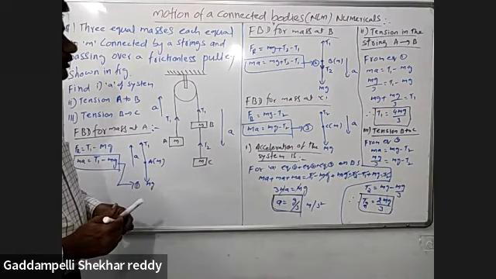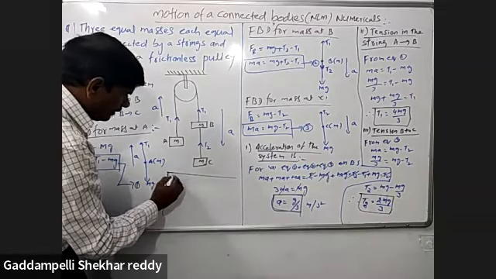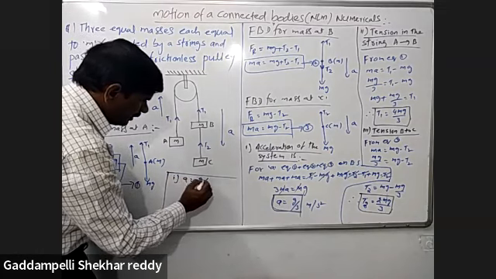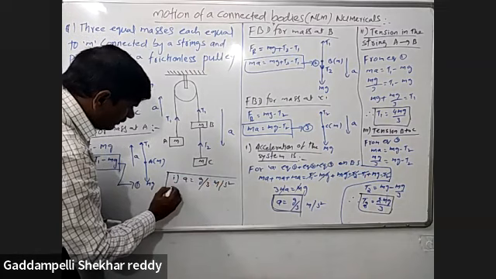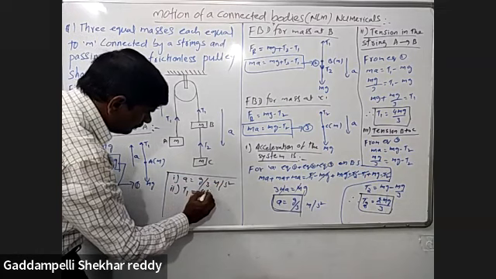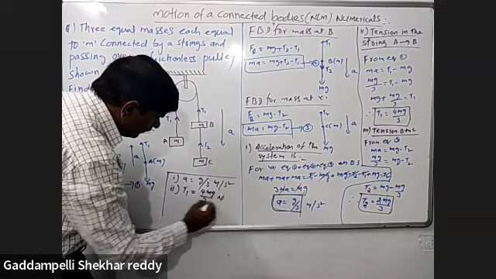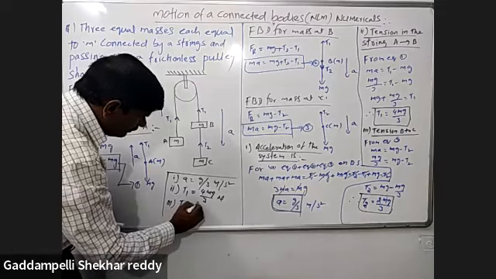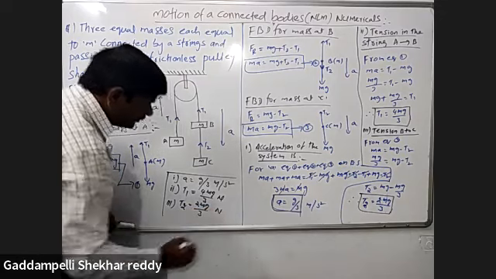Okay, so these are the answers. You should remember. First bit: a is equal to g by 3 meter per second square. Second bit: tension T1 is equal to 4 mg by 3 Newton. Third bit: tension T2 is equal to 2 mg by 3 Newton.